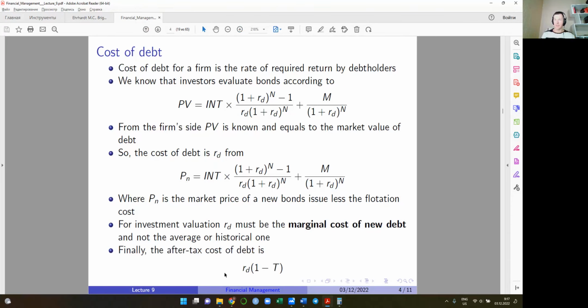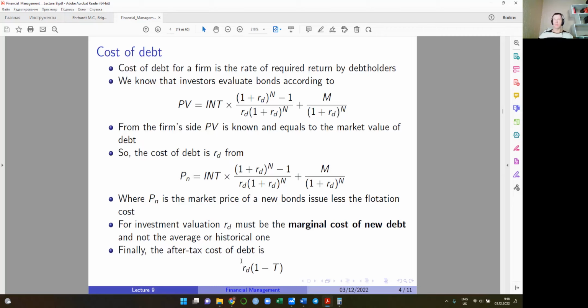And the final step related to the cost of debt is that debt provides an additional tax benefit because interest is tax deductible. We have seen this last lecture when we spoke about interest expenses and why they are not subtracted from the cash flow when we evaluate investment projects.